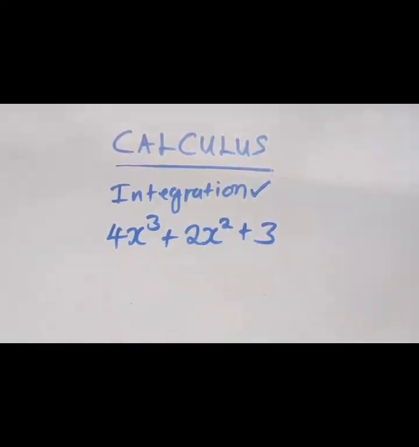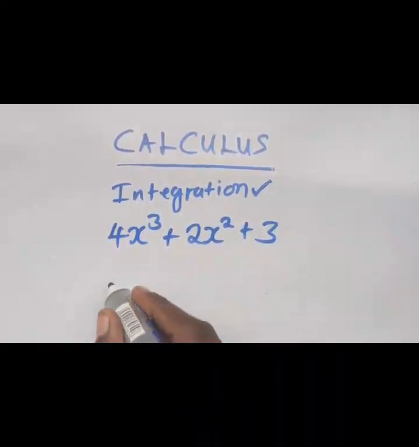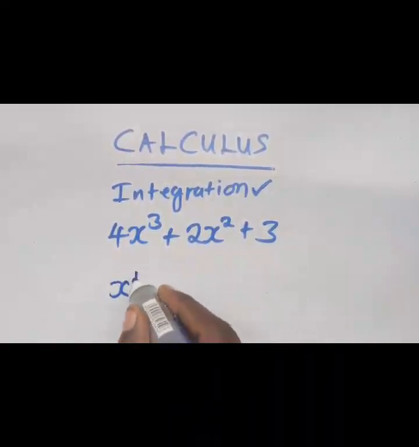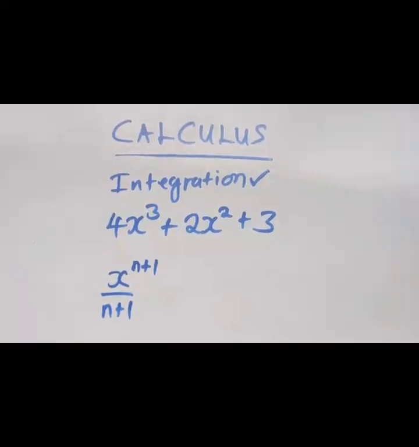Now I want to show you the formula that you can use to integrate this kind of equation. So this is the formula: x to the power n plus 1, then over n plus 1. That is the formula that you are going to use.